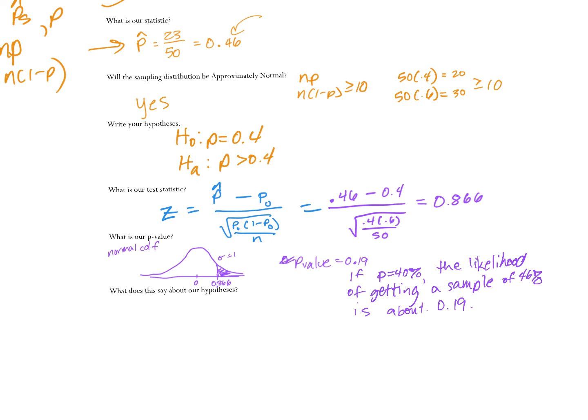Now, could that happen by chance? Well, a 1 in 5 shot is relatively likely. Okay? So if that could happen by chance alone, is that 46% big because it's actually more than 40%, or is that 46% big because of chance? And the answer is we don't know.